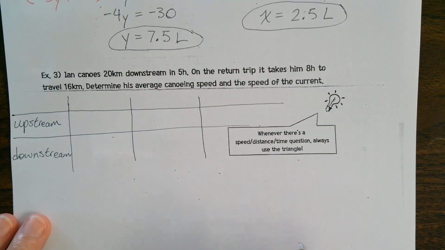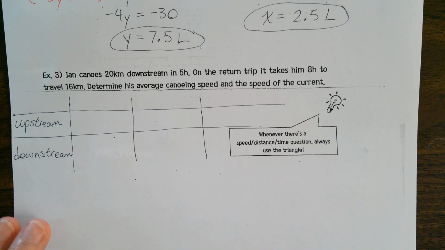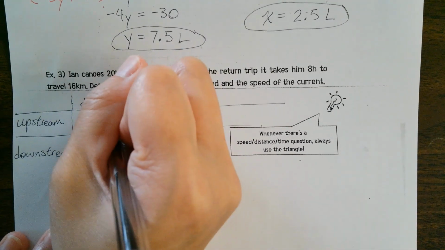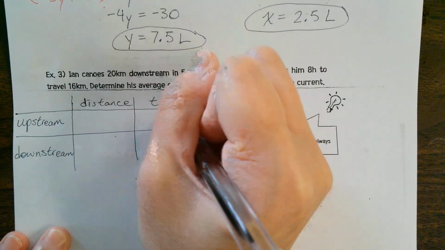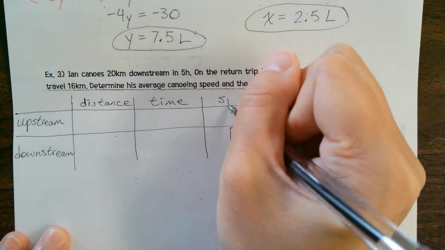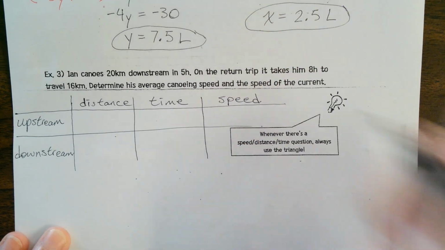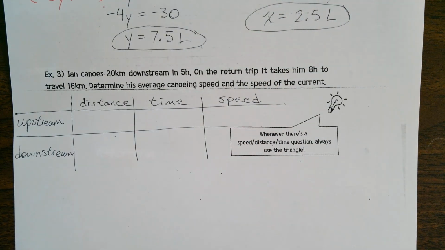Okay. Distance. Time. Speed. I think these types of questions are easiest when you have them set up in a table.